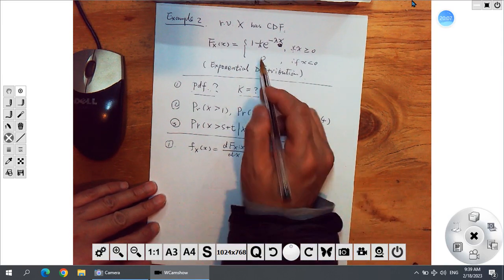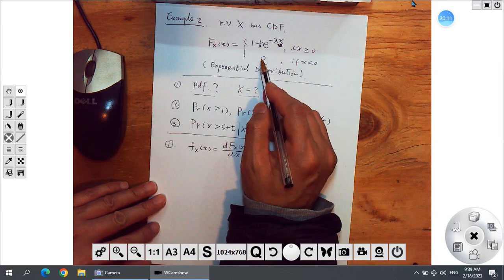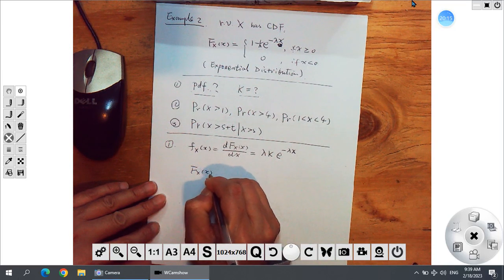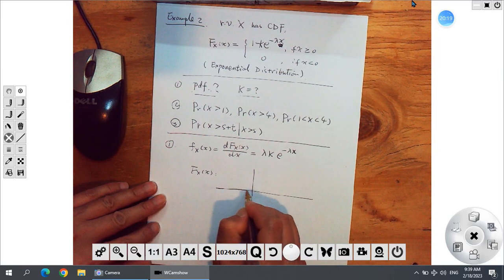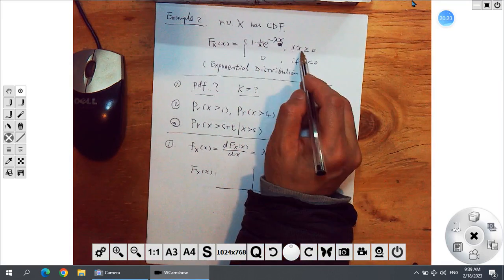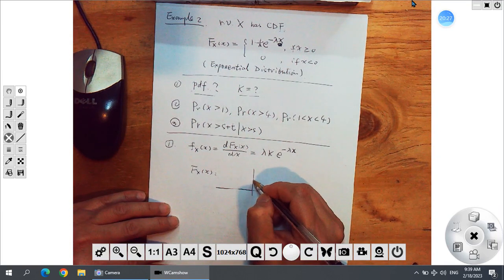We want this f_X(x). I can draw a graph to see how it is. This side should be 0, for negative x it is 0. And when x is positive, it is 1. When x is 0, I get 1 minus k.